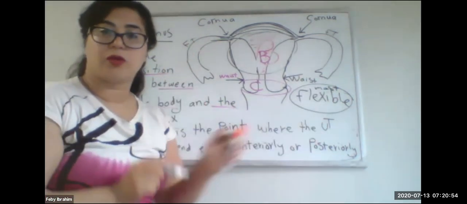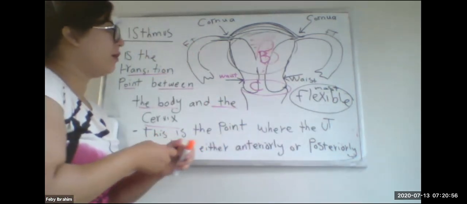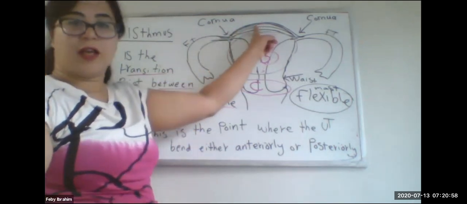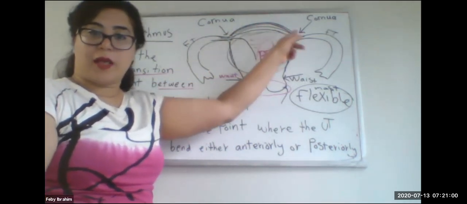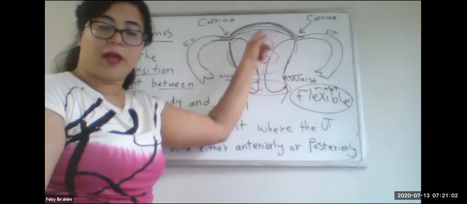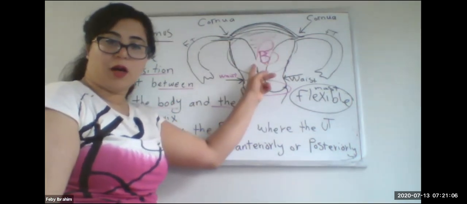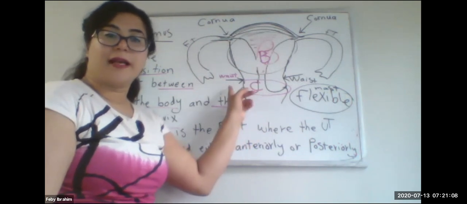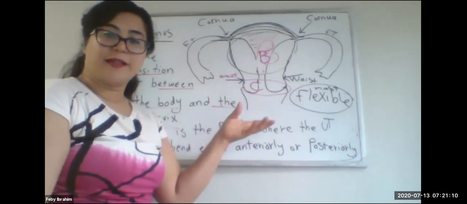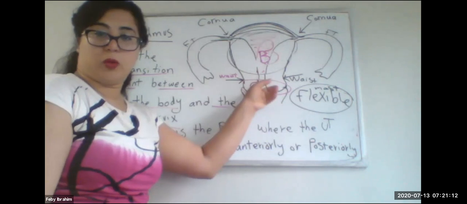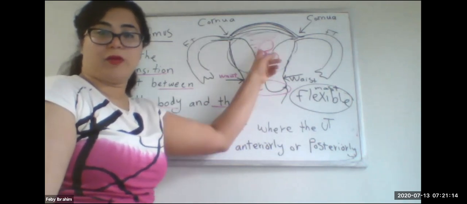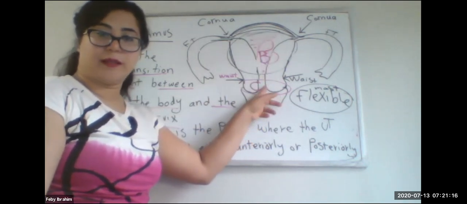So again, we have the fundus, the most superior and widest. Then we have the body, the largest. And then the isthmus is the most flexible part, the point between the body and the cervix.